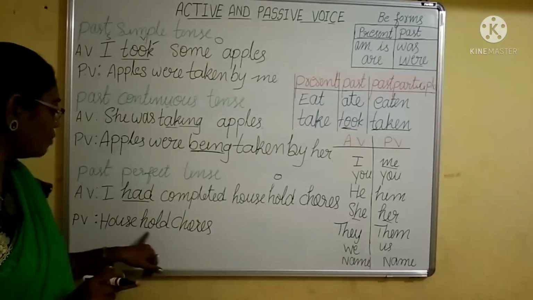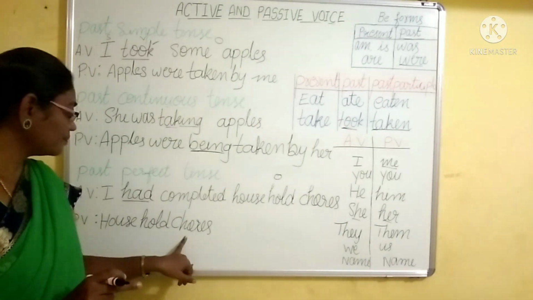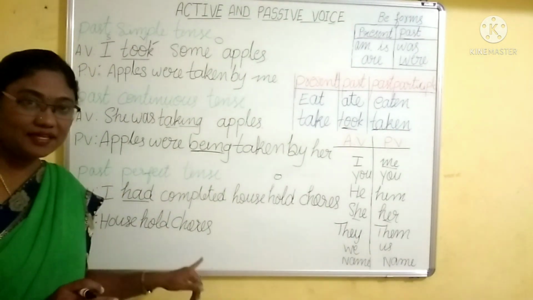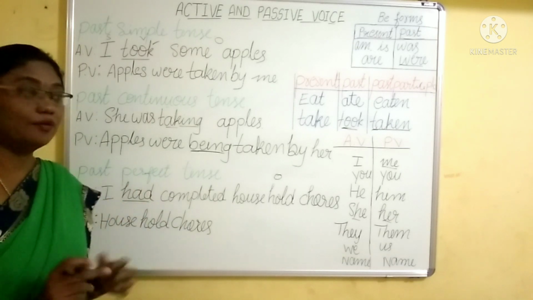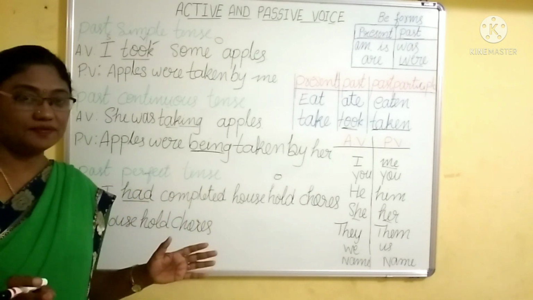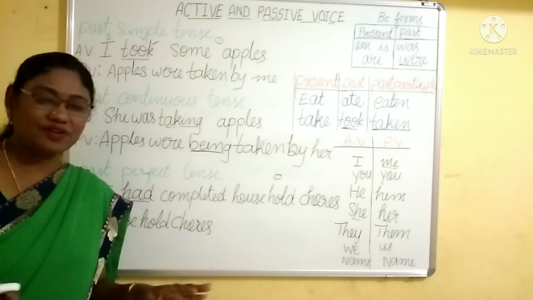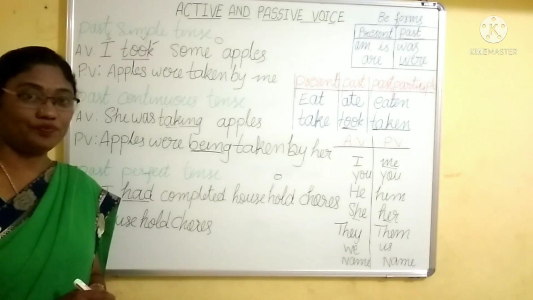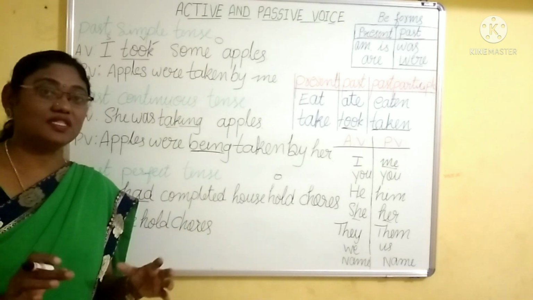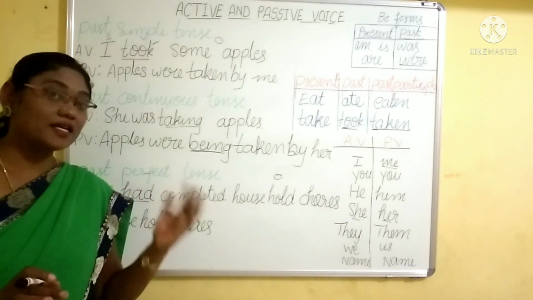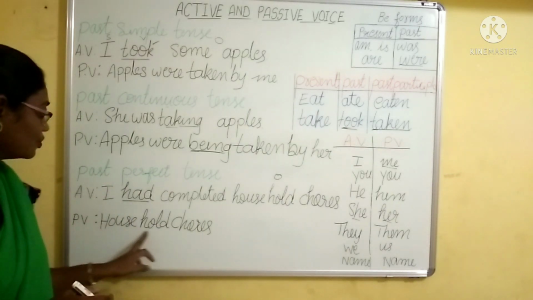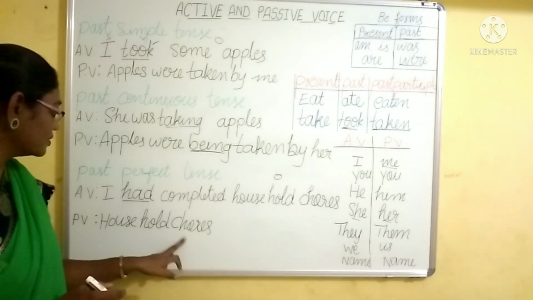Household chores and had. You have to write it as it is because we are talking about past perfect tense. We are not supposed to write has been or have been. We have to use those helping verbs in present perfect only. Now, household chores.